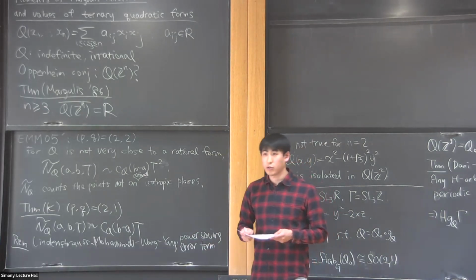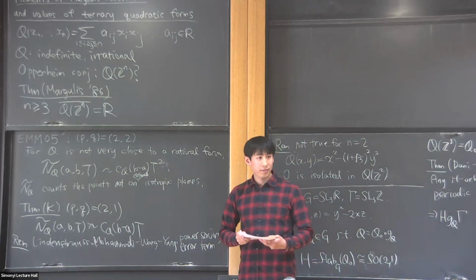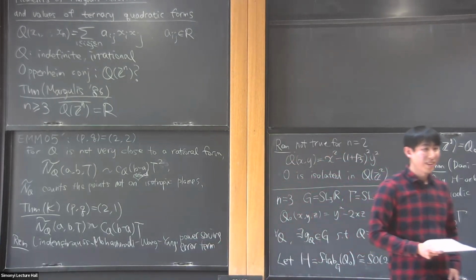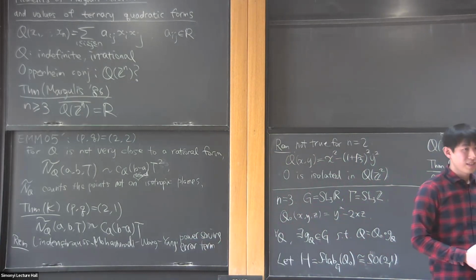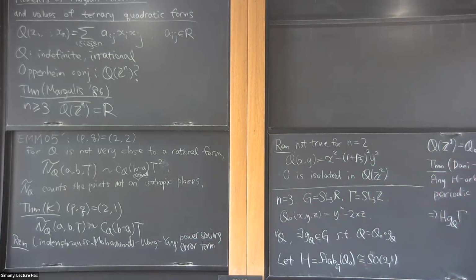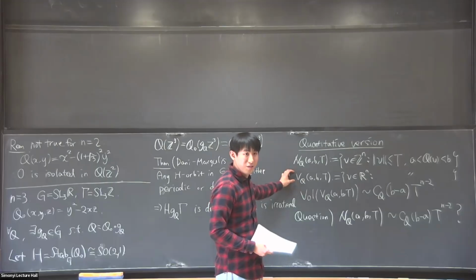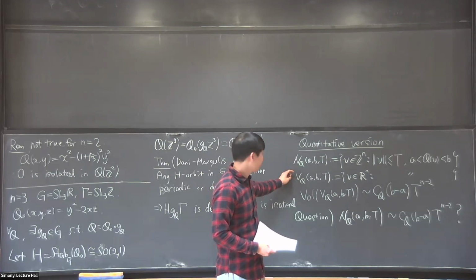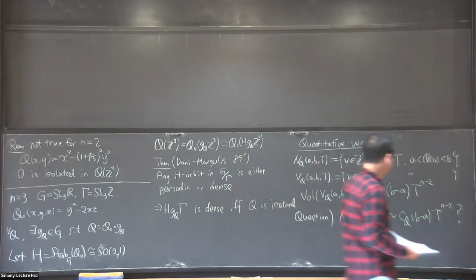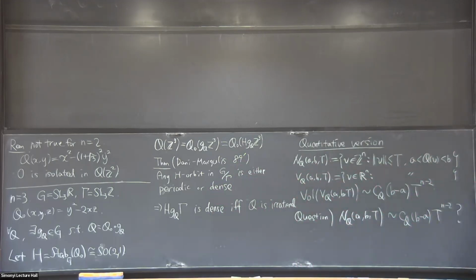Is there any questions so far? I'd like to follow up on his question. So the volume, when n is equal to 2, the formula suggests that it will be constant, but I think it will be logarithmic in the volume of VQ. In that case, the original conjecture is not good.